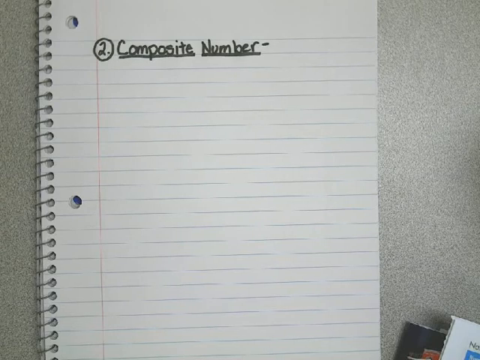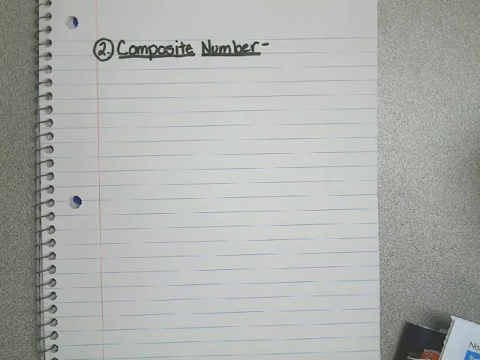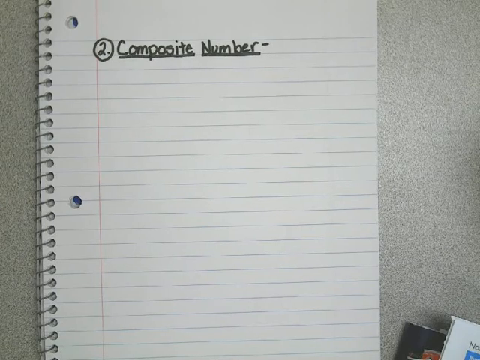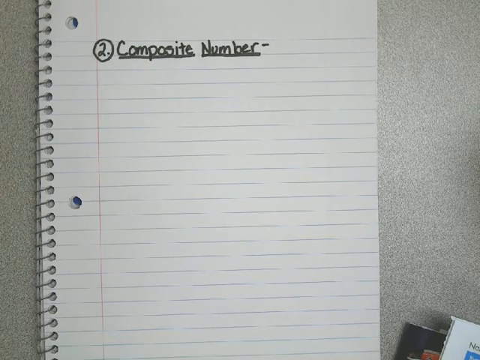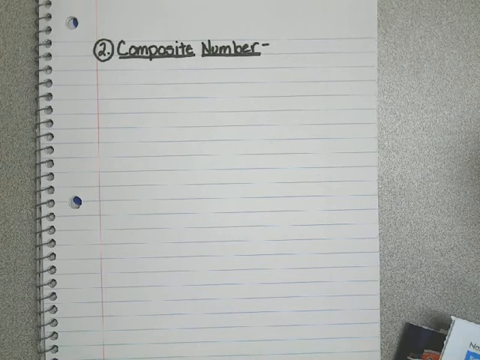Any guesses what's a composite number? Dewey, what's a composite number? Composite number is... Oh, let's see. What is it, Allison? Is it a number that you can, like, you can only add up... Okay, Dewey, come sit up here in front of the board.